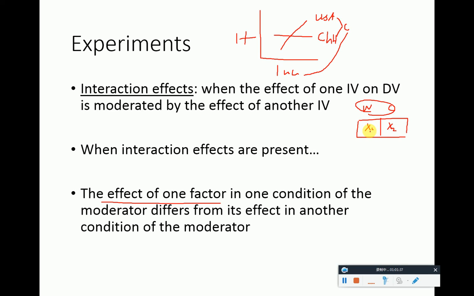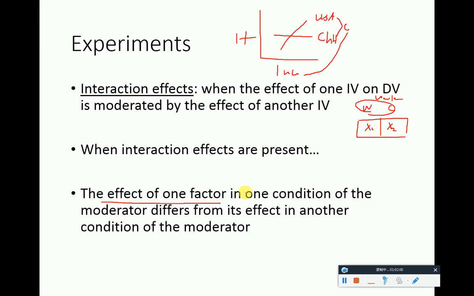We simply compare the two averages from these two conditions that constitute this factor warmth. If these two averages are different from each other, then we say there is an effect of this factor. So that's it, the effect of one factor.